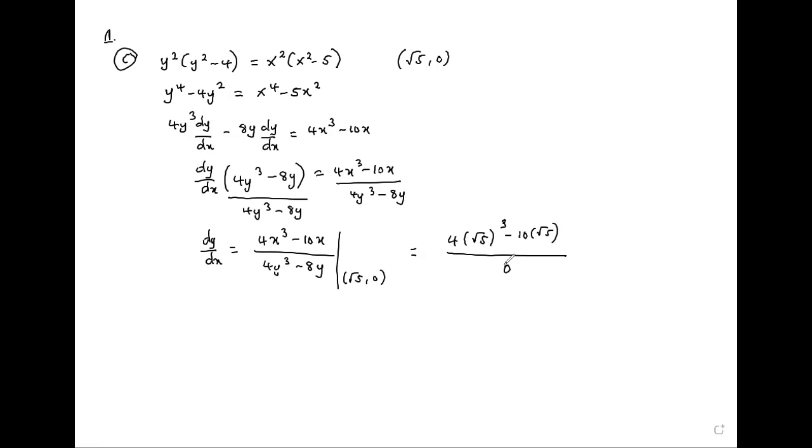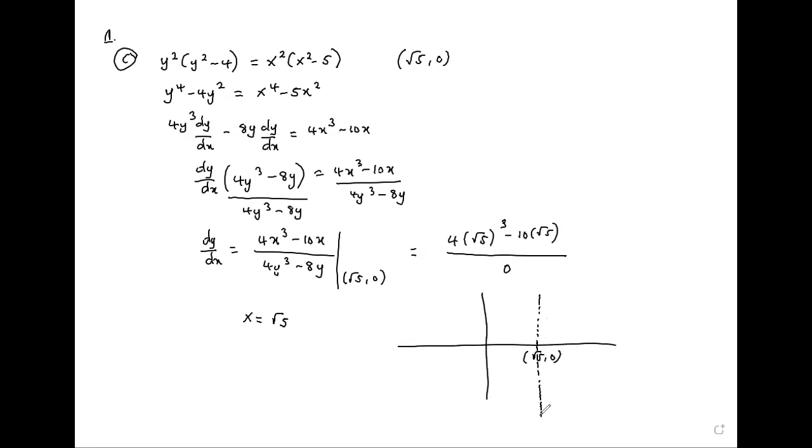And what about the line? What would be the line? Because the question is saying we should find what? Is it just a gradient? Find the equation of the tangent line and the normal line to the curve at the indicated coordinates. So it's going to be x is equal to root 5, meaning that at the point (root 5, 0), the only possible line that does not have a gradient is this line that comes like this.